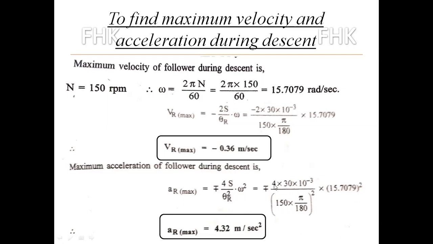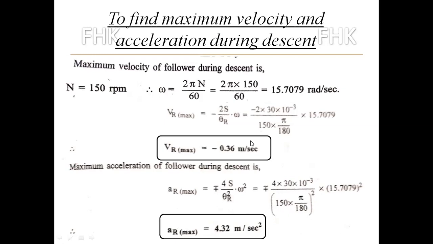So plus minus 4 into s, again in meters, and omega square, 15.7079 square, divided by 150 into pi by 180, square. After calculation, the maximum acceleration during the return stroke comes to 4.32 meter per second square. This is the unit of acceleration, meter per second square.